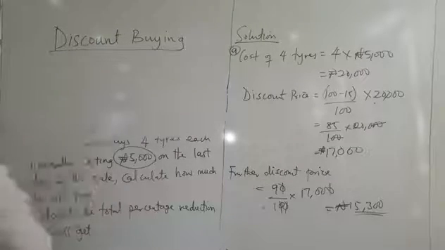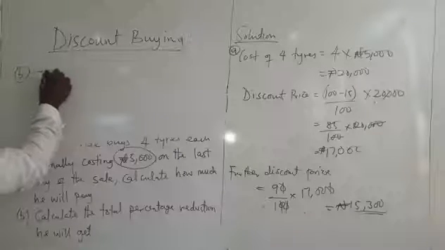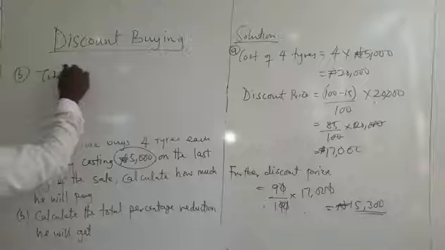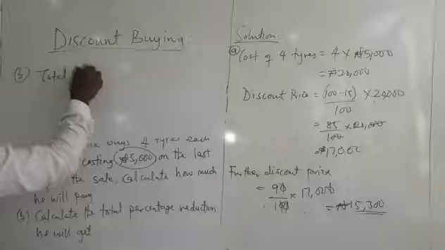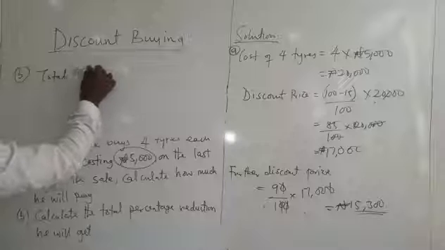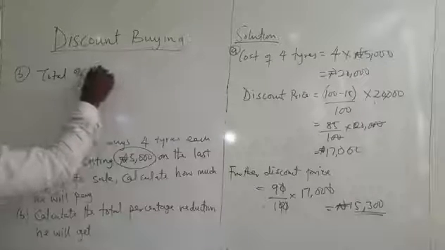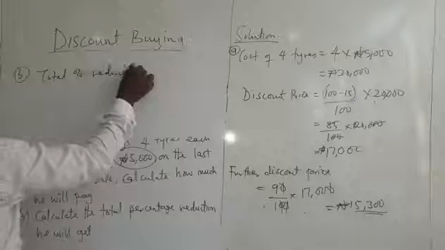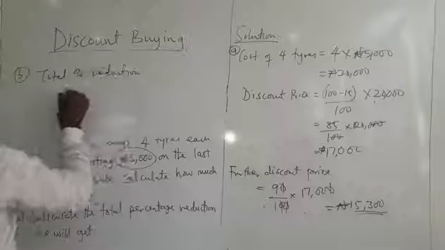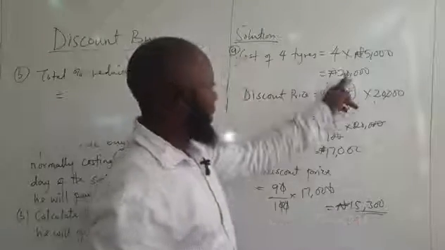So B: total percentage reduction, total discount. Now, this is what he is paying, and this is the original price.